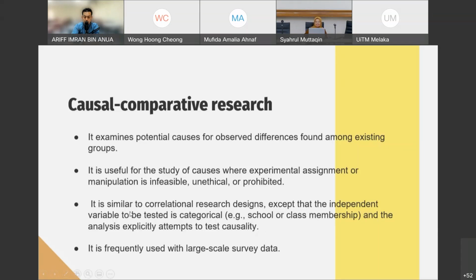And then it is also similar to correlational research design, except that the independent variable to be tested is categorical, especially for example, schools or class membership. Yeah. And the analysis explicitly attempt to test causality. And then it is frequently used with large scale or survey data.